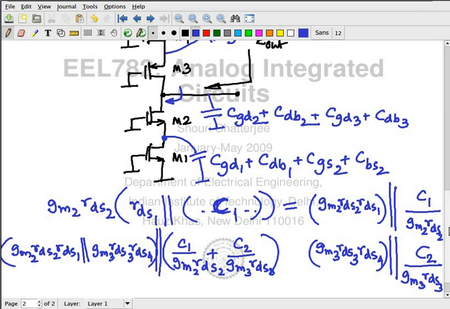Alright, so this is understood. So we have got 1 pole because of this, and 1 pole and a 0 because of the transconductance. So the net system has 2 poles and a 0. Is that good news or bad news? You think it's bad news? Yes, it is bad news.